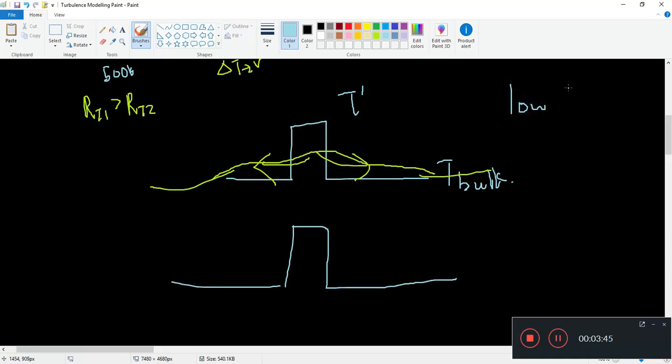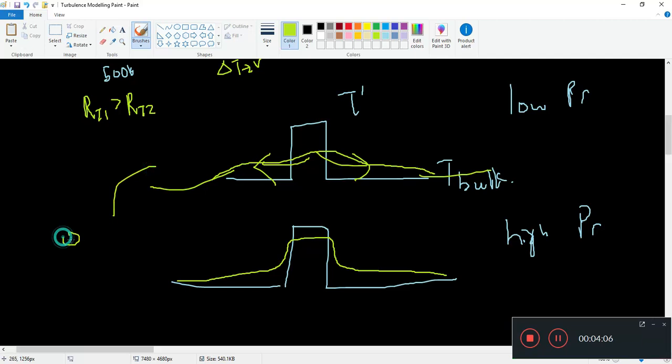In a high Prandtl number fluid, what happens if you have a temperature fluctuation? You will still conduct heat away, but very slowly. So this is maybe what your curve would look like: on average sharper, rather than a small flat shape.